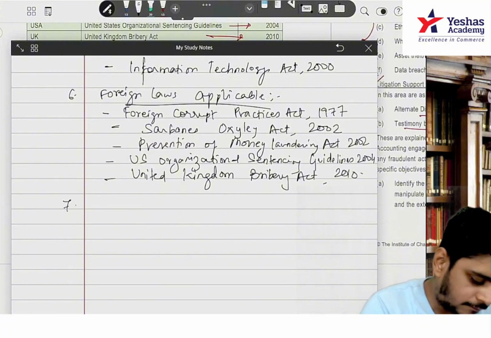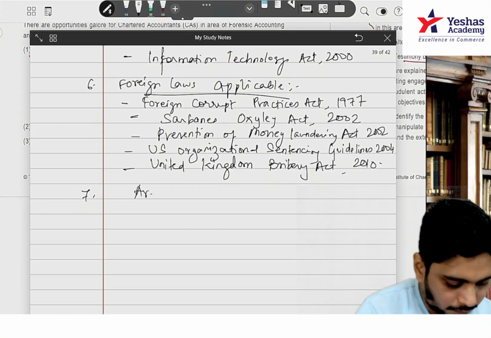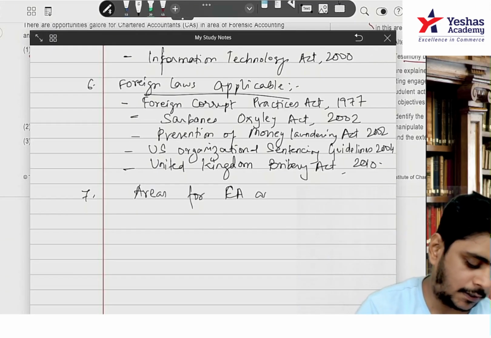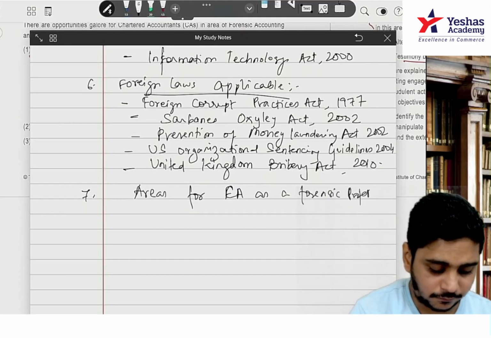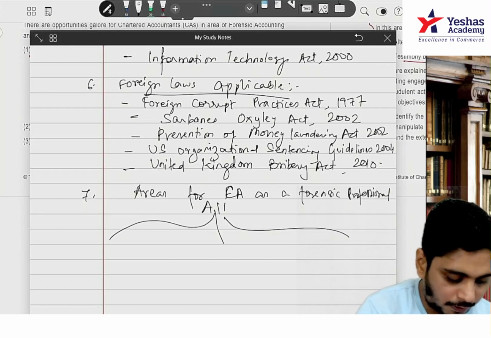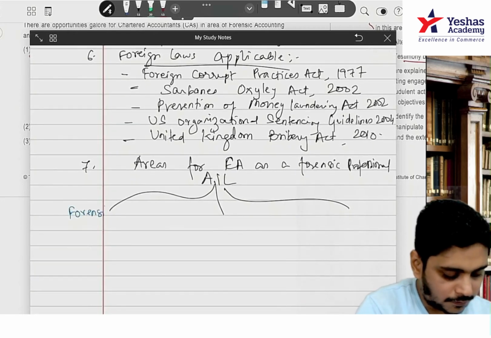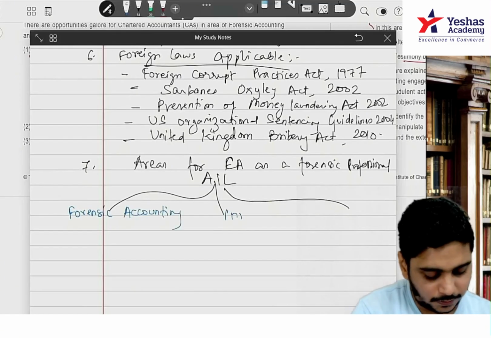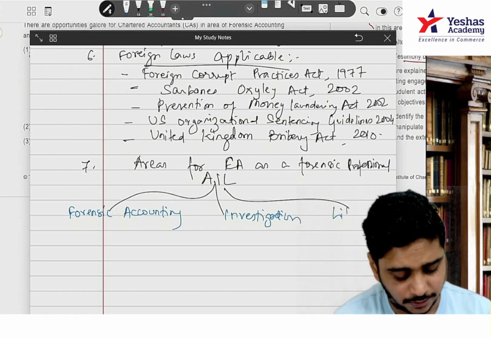Point number 7, areas for a CA as a forensic professional. AIL. A is forensic accounting, I is investigation, L is litigation.